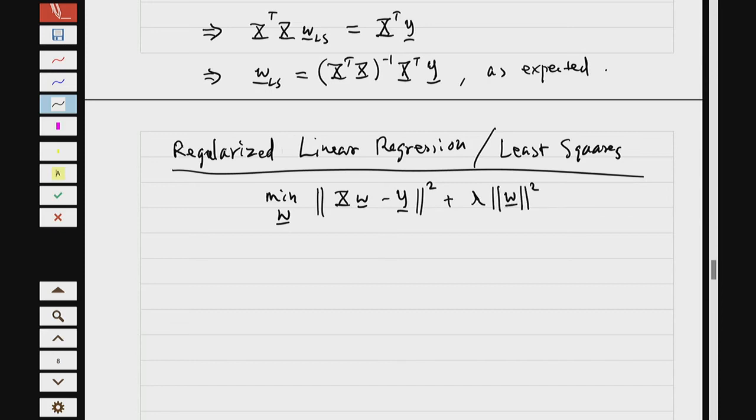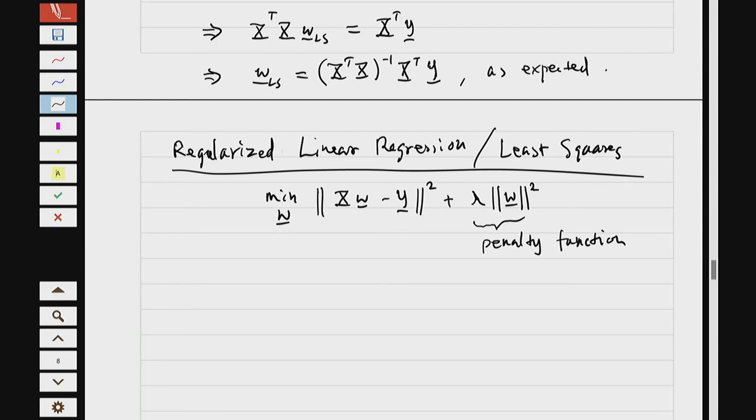And this is called a penalty function. Instead of directly minimizing the difference between the true label and the predicted label, we add a penalty.